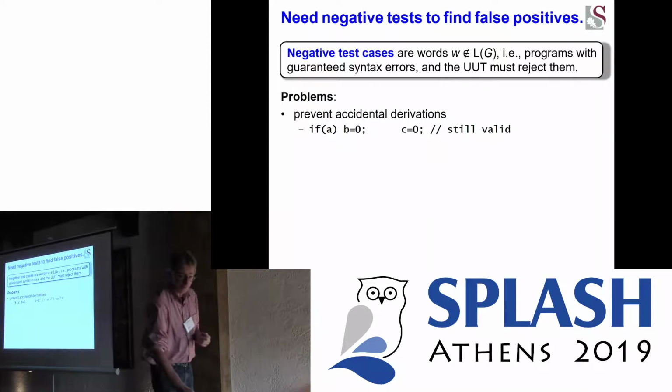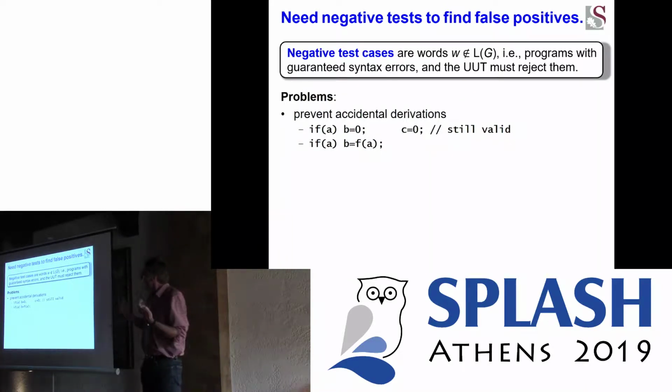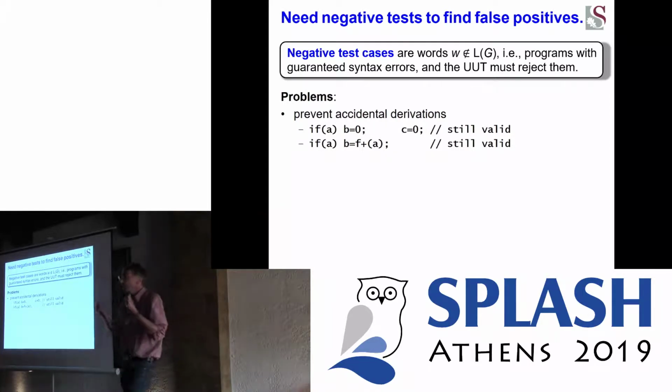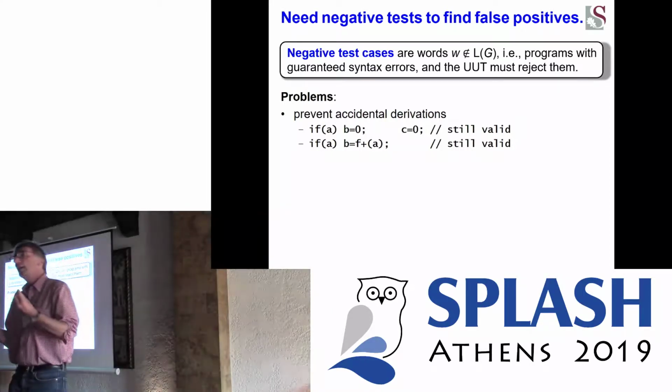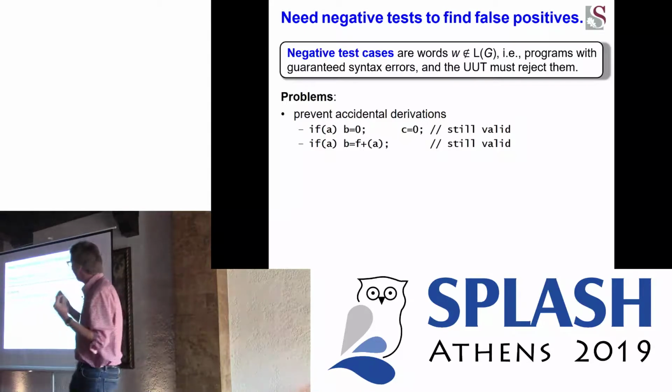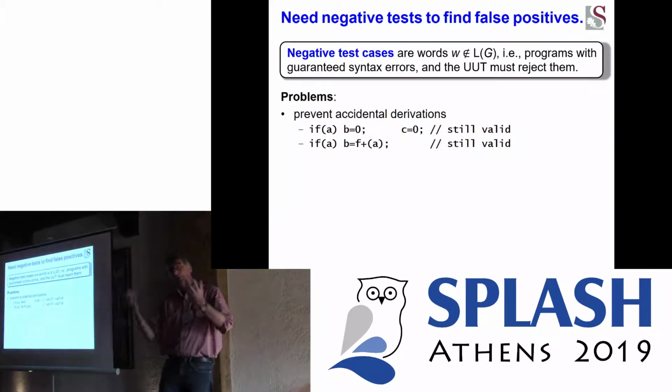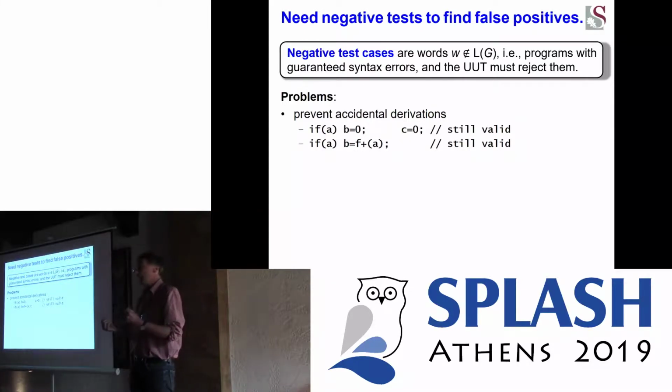Or if we have an assignment that has a function call on the right-hand side, and we break that function call by inserting a plus between f and the bracket, it is still an expression. So when we try to generate negative test cases, we must make sure that there is no accidental derivation from other parts of the grammar that legally eats up that input.